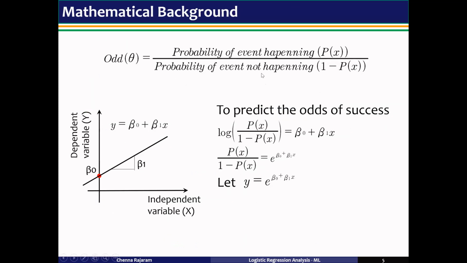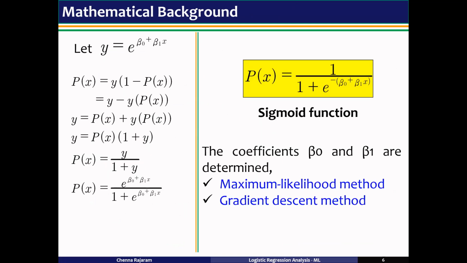Coming to the mathematical background, the probability of the event happening is P of x, and the probability of the event not happening is 1 minus P of x. The ratio we consider as odds. To predict the odds of success, log of P of x divided by 1 minus P of x is equal to beta naught plus beta 1 x. Let y be equal to e to the power of beta naught plus beta 1 x.